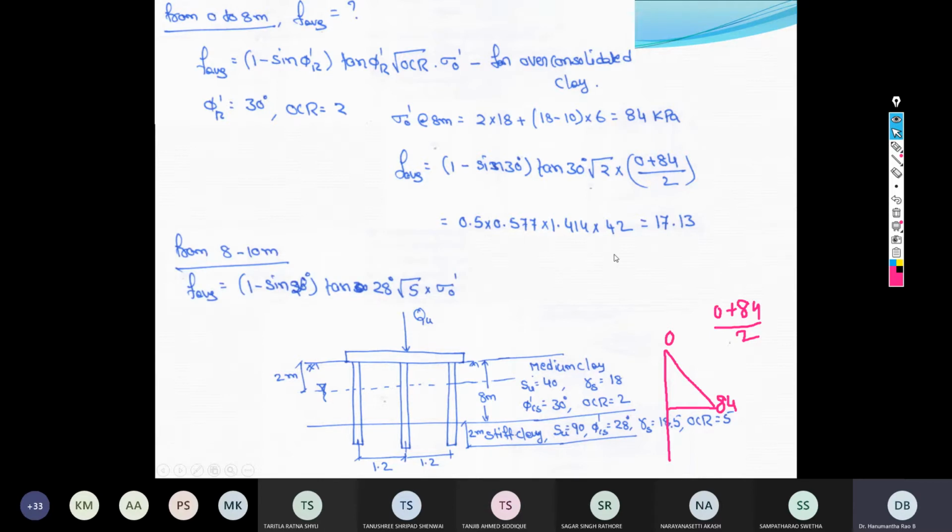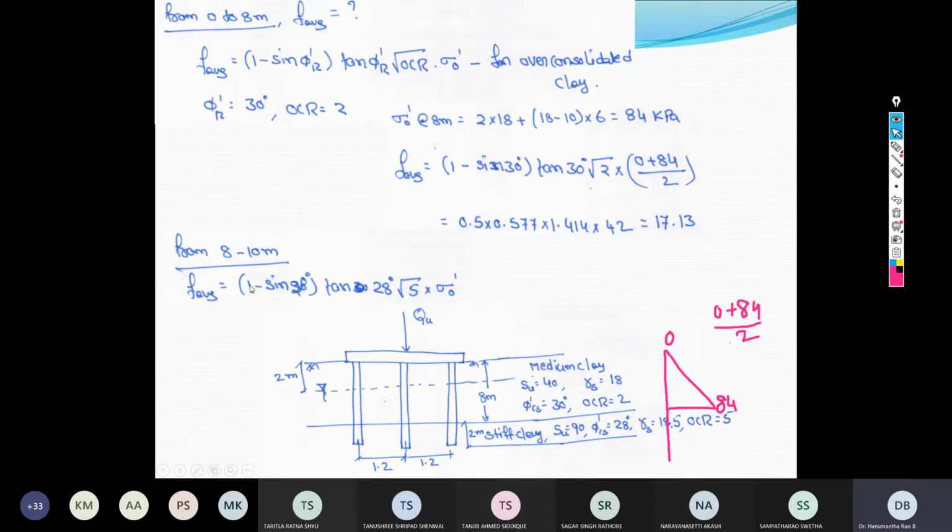Now for the second layer, that is 8 to 10 meter, f average is calculated similarly. Here also the over consolidation ratio has been given, that is 5. So the same equation which is valid for the first layer is also valid for the second layer.